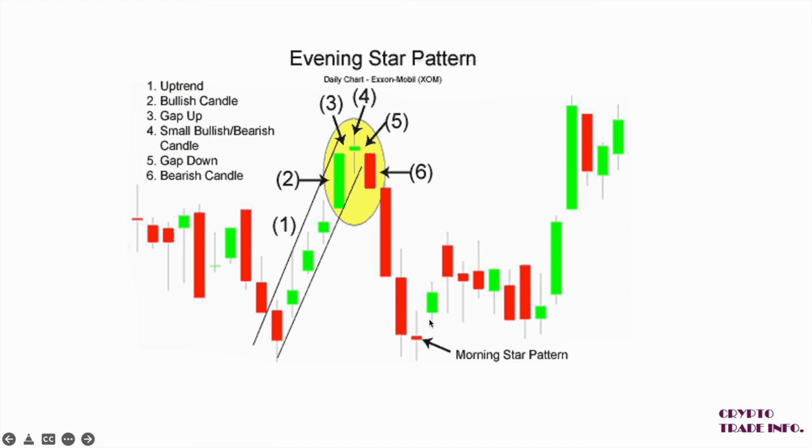After this indecision candle, there is a gap up, and this next candlestick closed bullish. This is a sign of a morning star. But we can see after then there was a sideways movement in the chart. So there might be other factors that might make this morning star not play out bullish as expected. So that's why we don't trade in isolation. You have to consider other factors before you trade these candlesticks.